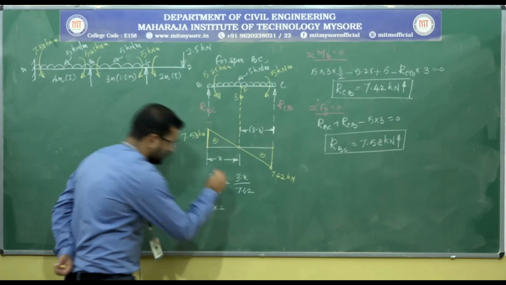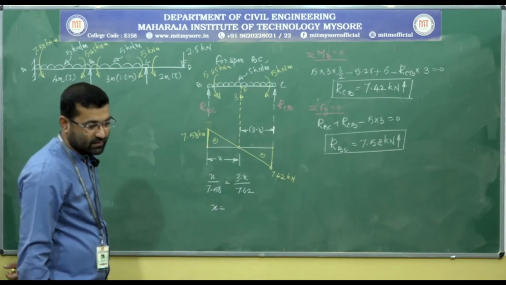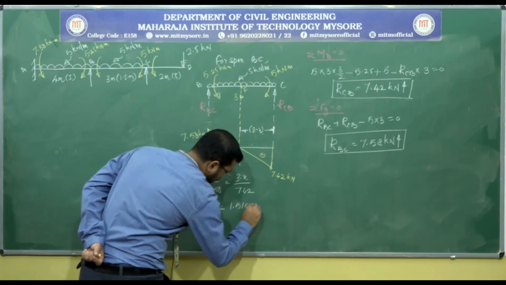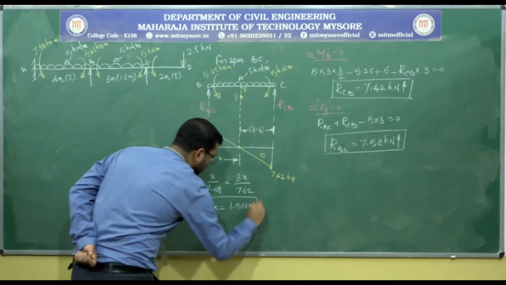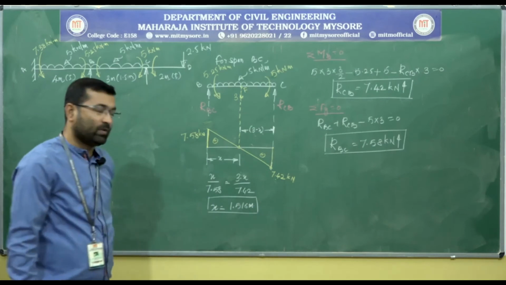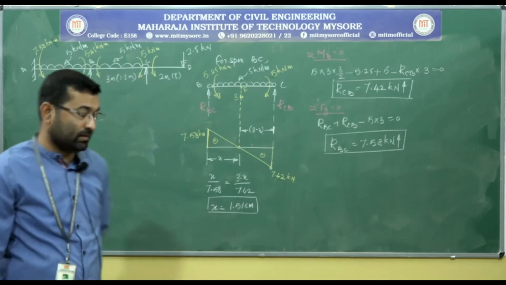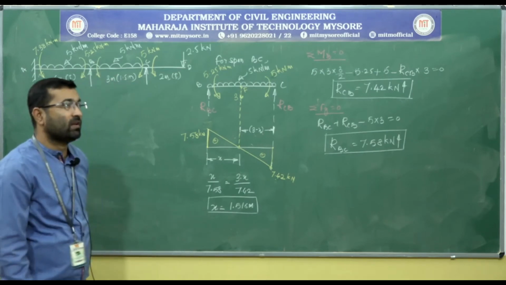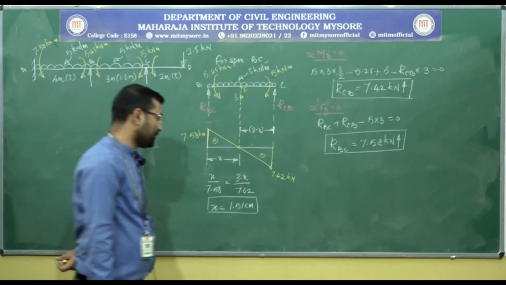If you solve this, you will get x as 1.516 meter. So at a distance of 1.516 meters from point B, the shear force is 0, and at the same point bending moment is maximum.